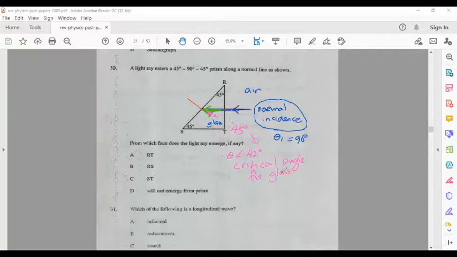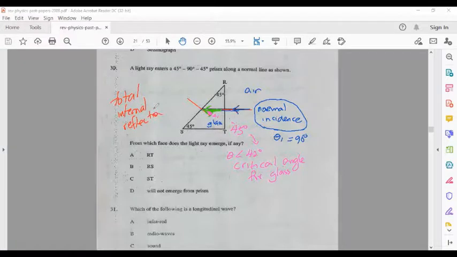Okay? Other materials will have a different value for this critical angle. But anytime that you have an incident ray coming in at an angle greater than that critical angle, whether it's 1 degree greater or 10 degrees greater, what's going to happen is we're going to get an effect called total internal reflection. Okay?